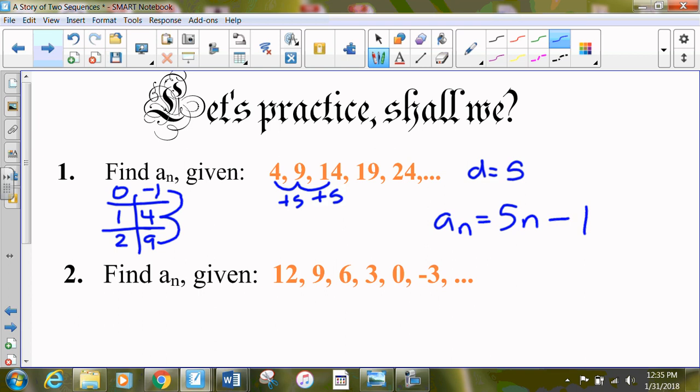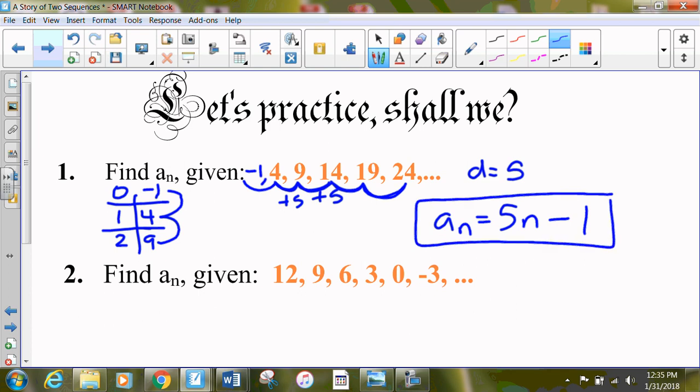You don't have to turn to a table. As you're moving forward, you're adding 5, and as you're moving backwards, you're subtracting 5. So if we move backwards one more time, we get that negative 1. So this is called the nth term definition, and it describes the pattern that's going on in our sequence.